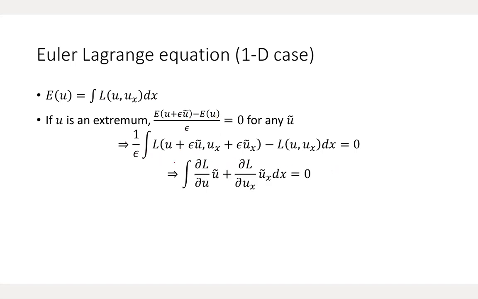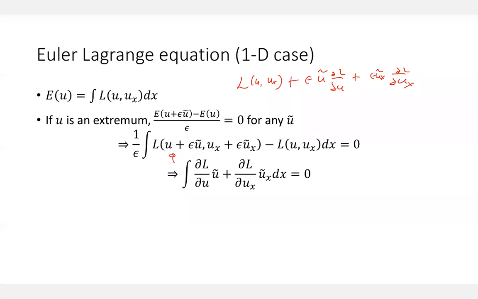Now I can expand this with a Taylor series expansion. So I have L(U, U_X) plus epsilon U tilde partial L partial U plus epsilon U tilde_X partial L partial U_X, right?